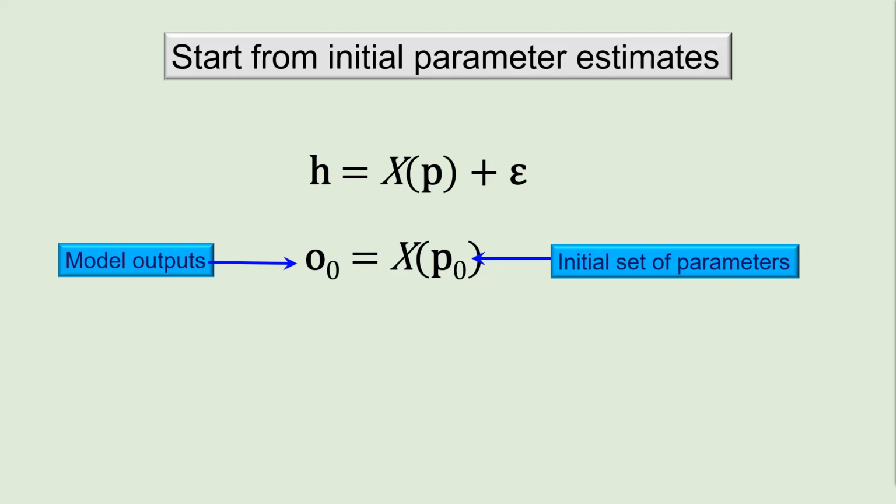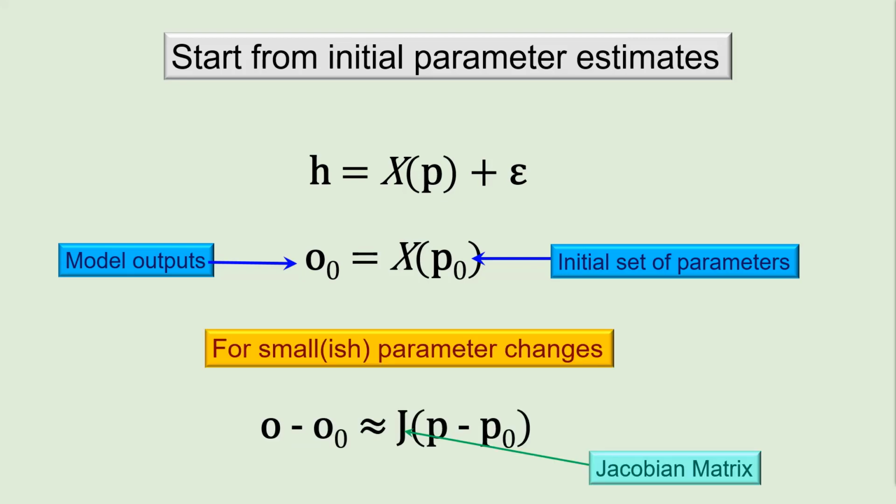Then, using a theorem called Taylor's theorem, I can replace this operation with a matrix if I decide that I'm not actually calculating model outputs with a new set of parameters, but rather I am calculating changes to model outputs on the basis of changes of parameters.